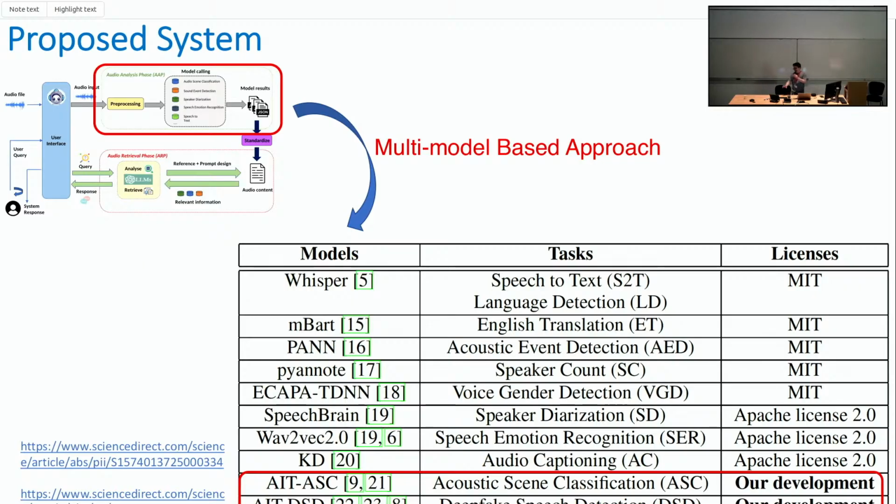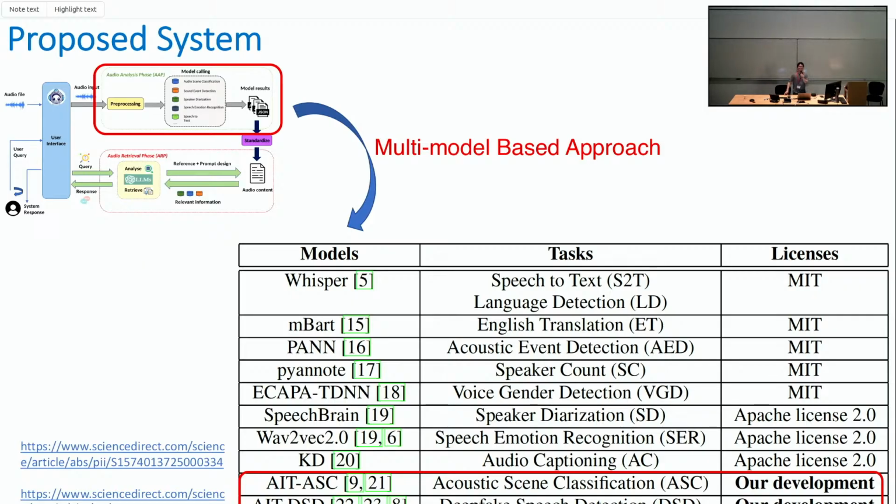We use many models with MIT license and Apache license, so it is easy to integrate new models, and we can remove models as well. It is very flexible to integrate new audio models. We also developed two models: the acoustic scene classification and the defect detection.